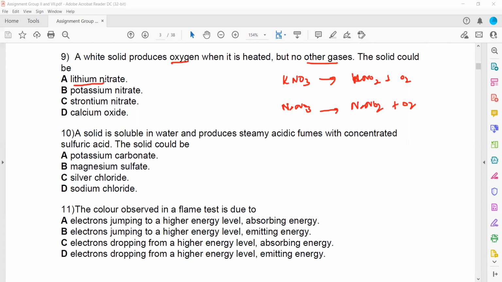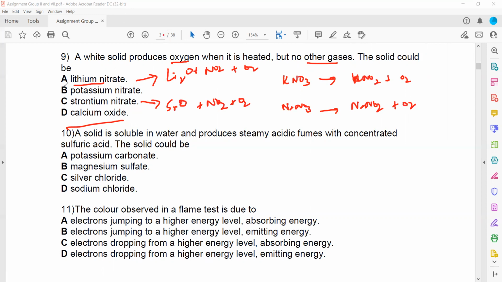But lithium, because it is smaller in size, causes more distortion to the nitrate ion, which decomposes into lithium oxide plus nitrogen dioxide, which is a brown gas, and oxygen. And strontium nitrate, when we supply heat, will produce strontium oxide, group 2, plus nitrogen dioxide plus oxygen. And calcium oxide does not decompose on heating.